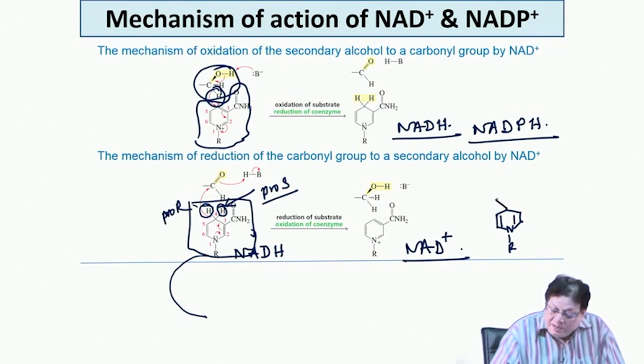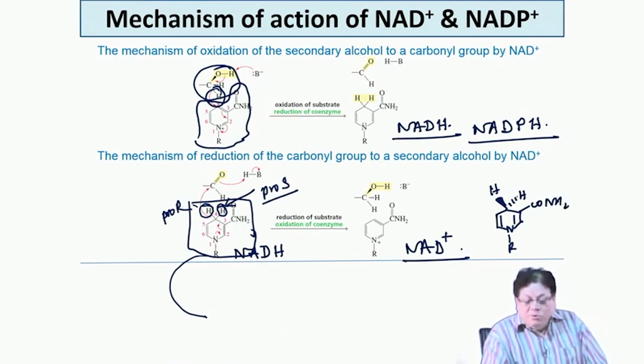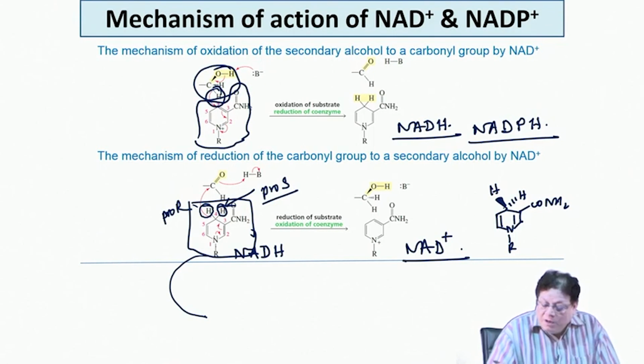So, in one case it is the beta hydrogen and this is the alpha hydrogen, and you know how to assign pro R and pro S. Again, just to remind you, most of you must know this, but I will repeat: to know whether this hydrogen is pro R or pro S, you give priority to this hydrogen over the alpha hydrogen.